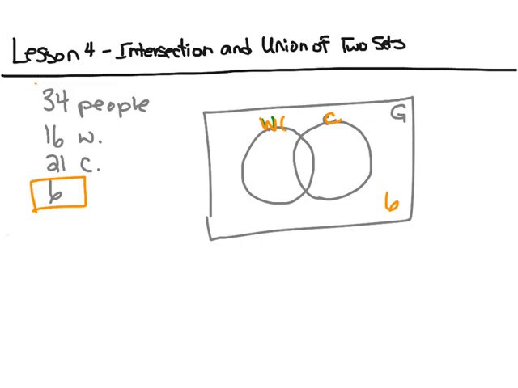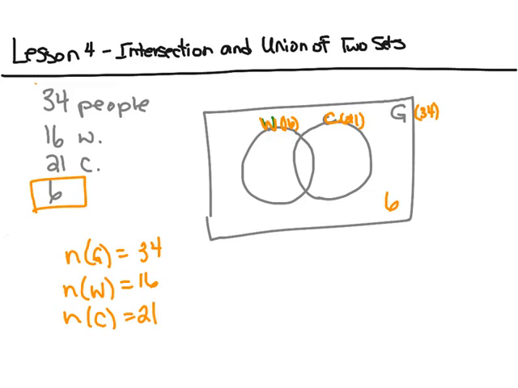We know that the weight training people have 16 and the cardio training people have 21. And all together, it's 34. So we want to figure out what our intersection is. So we have the number of G is equal to 34. The number of weight training is equal to 16. The number of cardio is equal to 21.